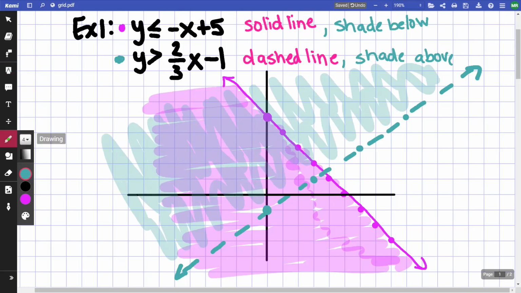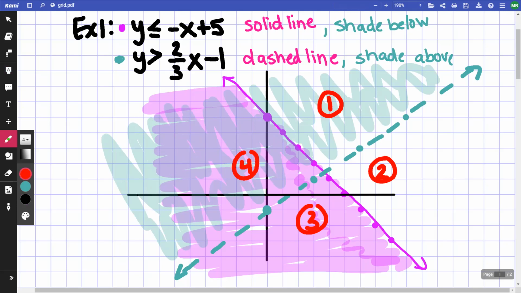Okay. So when we're doing this, the graph is actually broken up into what you can consider 4 pieces. I'm just going to number them as a little reference. So let's say this is piece number 1, this is piece number 2, this is piece number 3, and this is piece number 4. So in piece number 1, right here, I have only the teal shading.